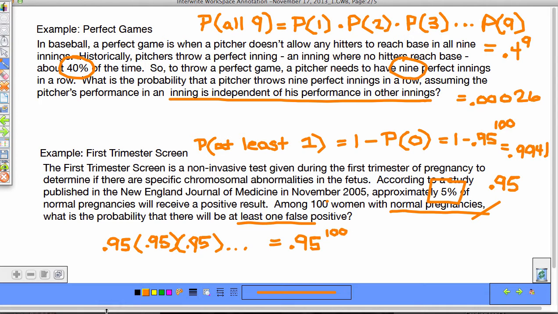So that's over a 99% chance that out of 100 women, at least one of them will get a false positive on this first trimester screen. This complement rule comes in very handy. And remember that anytime you see at least something, the complement of that is less than that. So no more than the one below it.